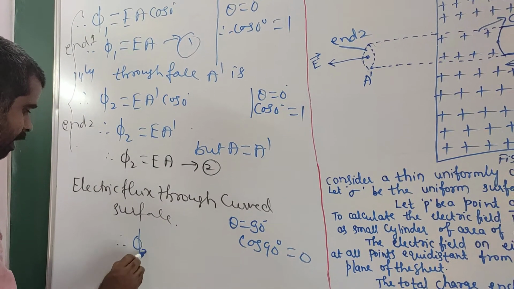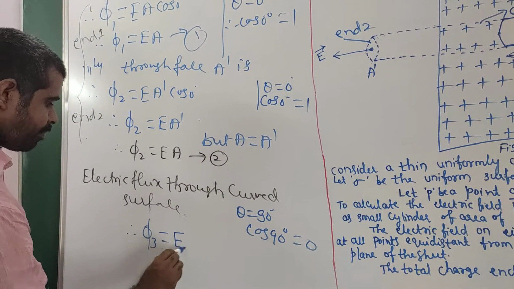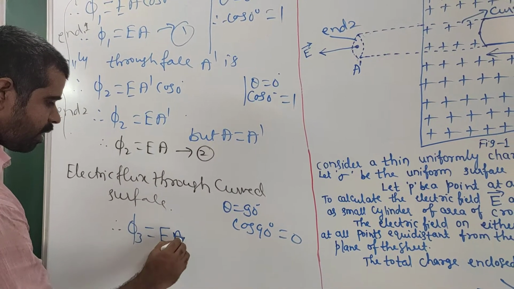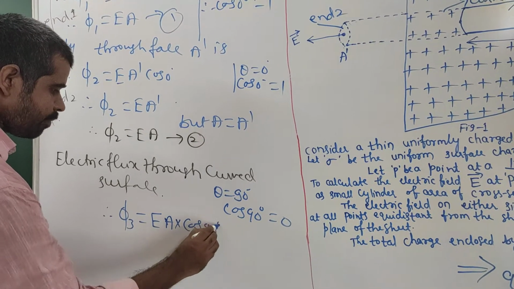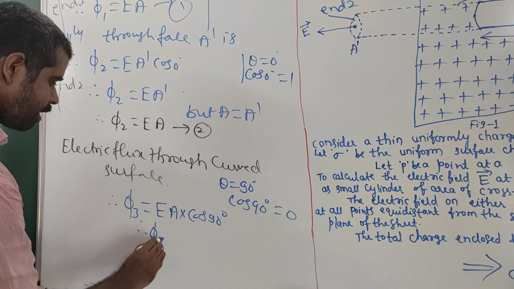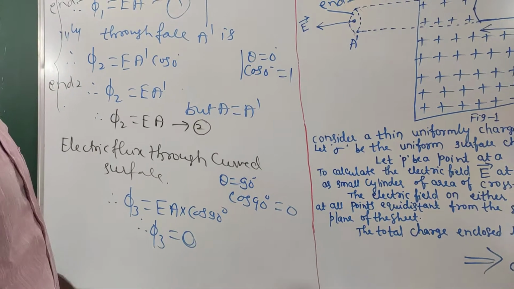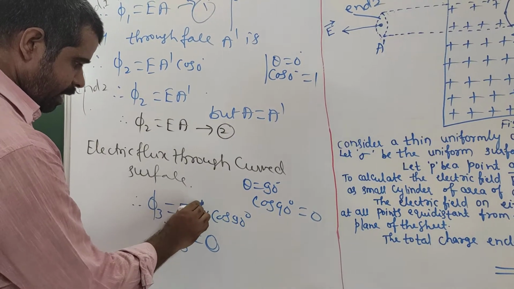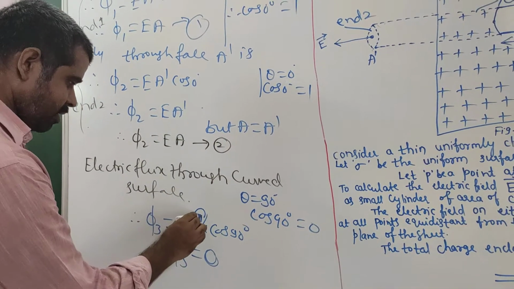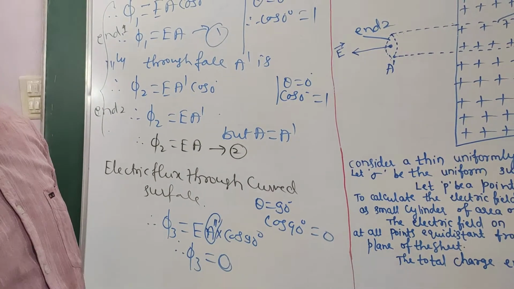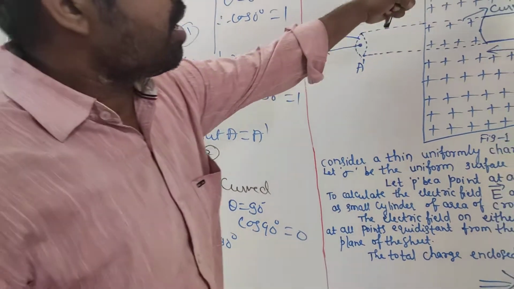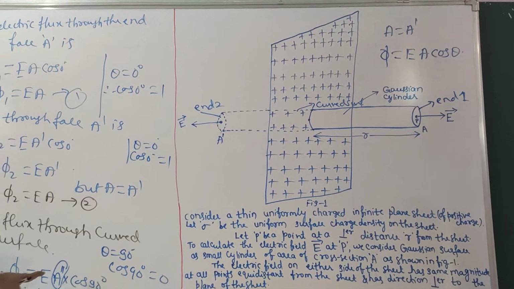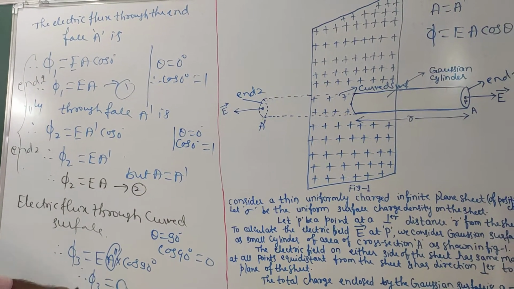Therefore phi 3 is equal to E A into cos 90 degree. Therefore phi 3 value is 0. You can take any other surface area, A double dash, which is the curved surface area. A double dash into cos 90. Cos 90 value is 0. Zero into anything, phi 3 value is 0.